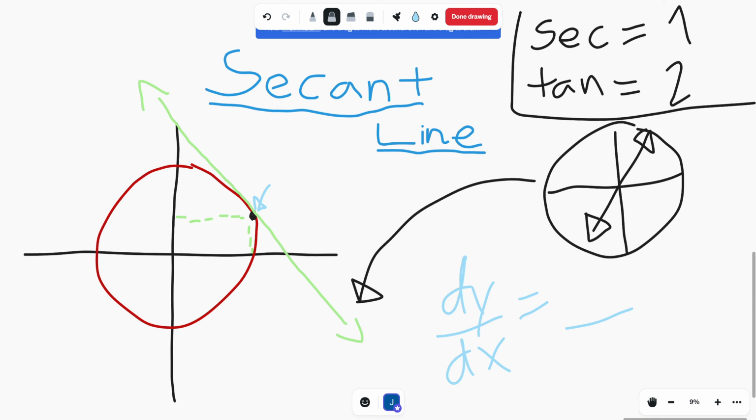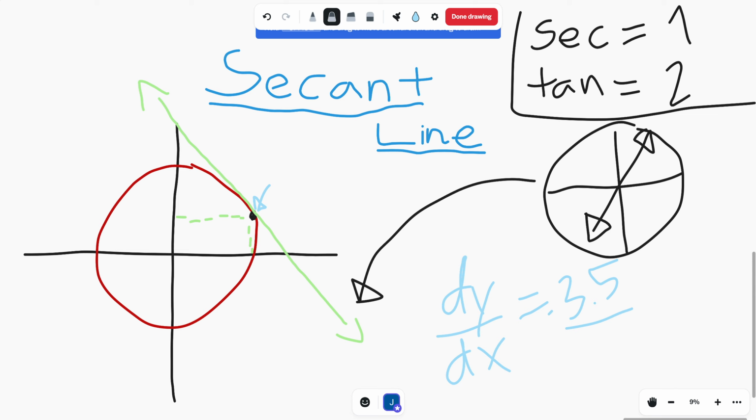Now the secant line only touches once, but it's actually a tangent line. So the dy dx of this point, let's just say it's negative 3.5. That is exactly what this line resembles.